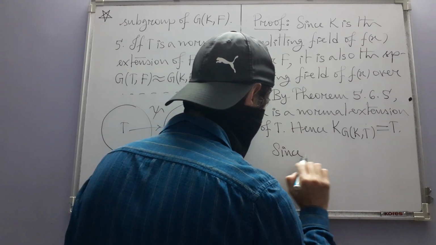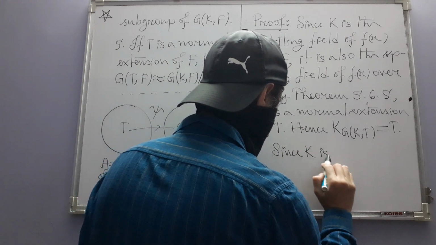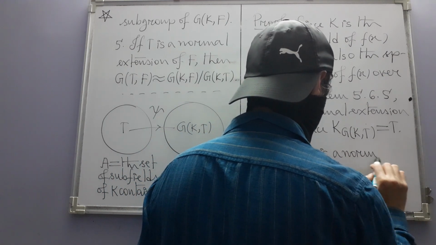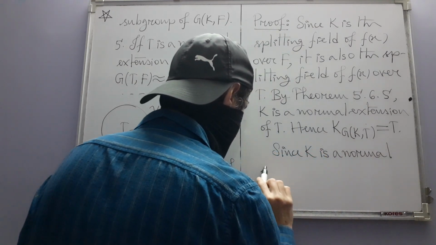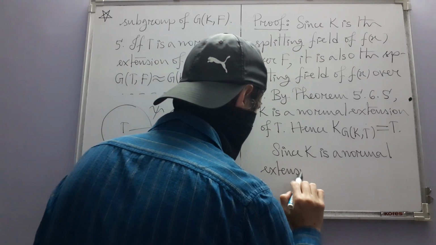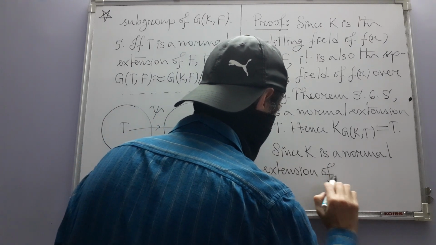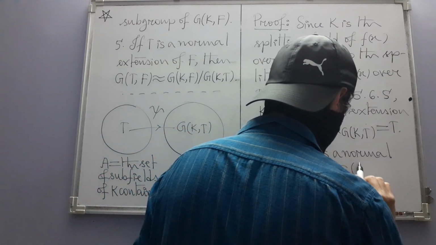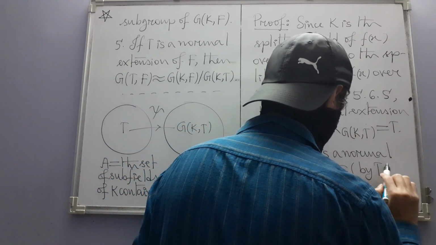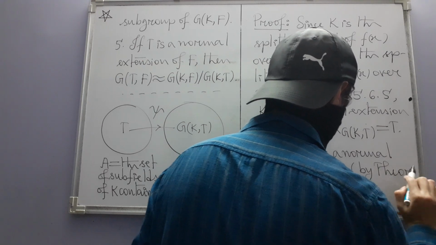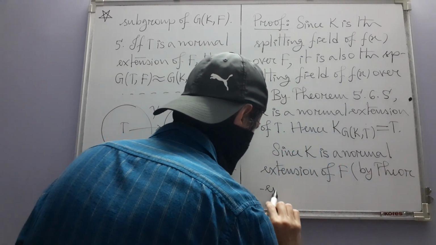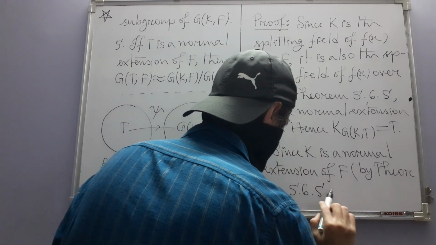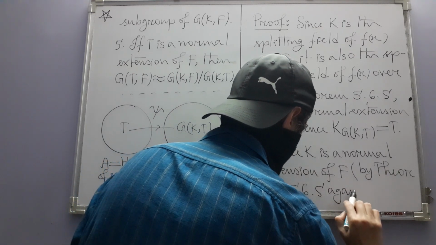So we can just simply write this. Since K is a normal extension of F, in brackets you can of course write if you want, by theorem 565 again.